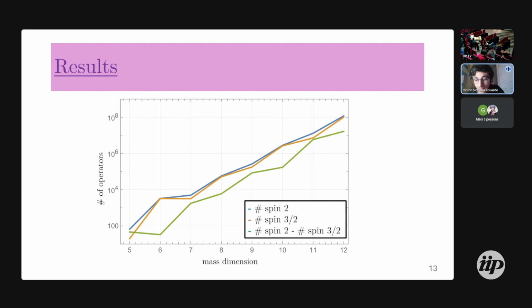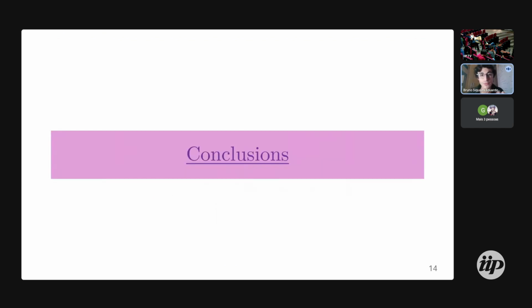And the very next step after this is to perform phenomenology with those operators. And I think I'm running out of time, but just to conclude, there's a systematic way to find operator bases, and this systematic way prevents you from misinterpreting non-physical Wilson coefficients, for example.